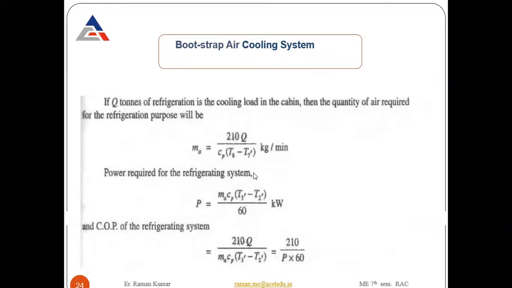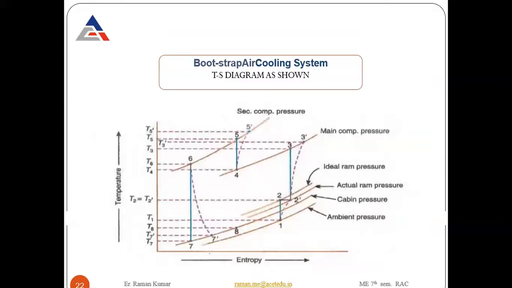So this is how you can calculate the value of mass of air, power and COP. Look at here, how much mass of air is circulating. What will be the temperature value here in refrigeration, where you get the refrigeration effect? Tell me, what will be the temperature value?